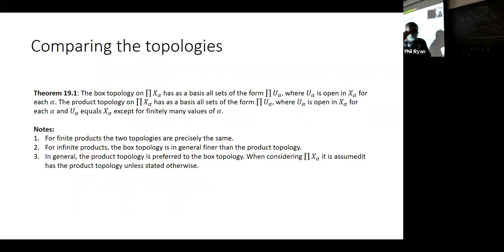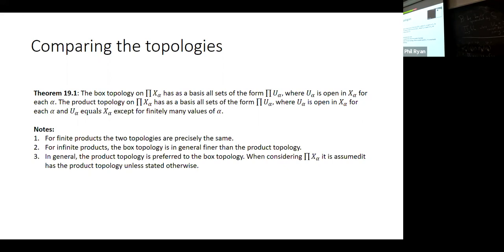Okay, so we've basically already proved the important theorem, which just compares the two topologies. The box topology has a basis of all sets of the form product of u alpha, where u alpha is open in x alpha. That was just by definition.